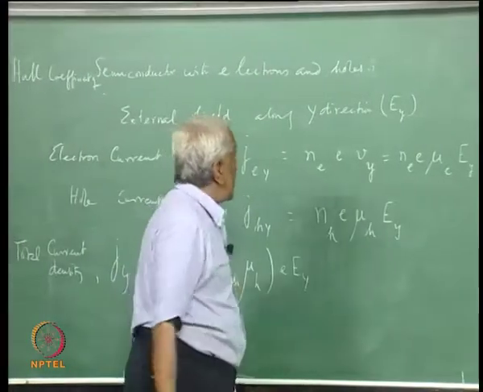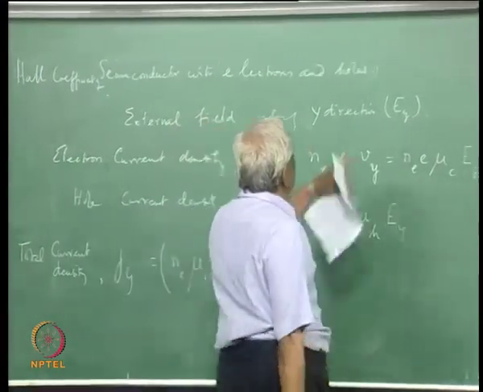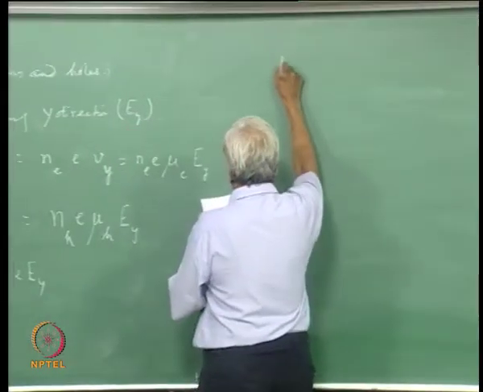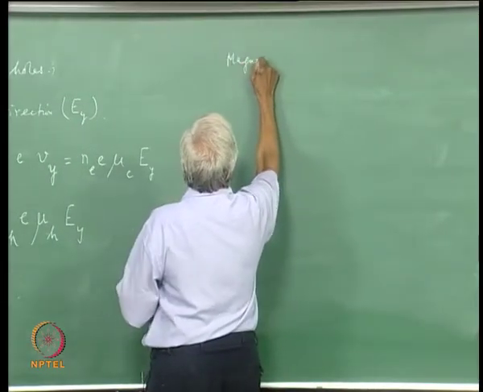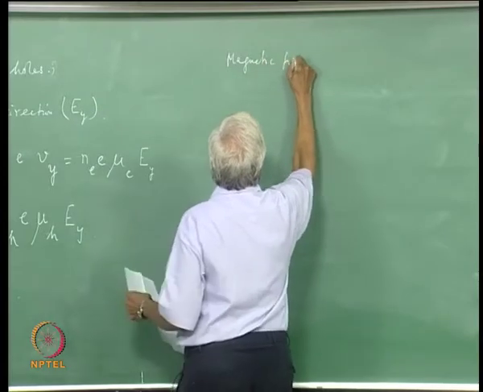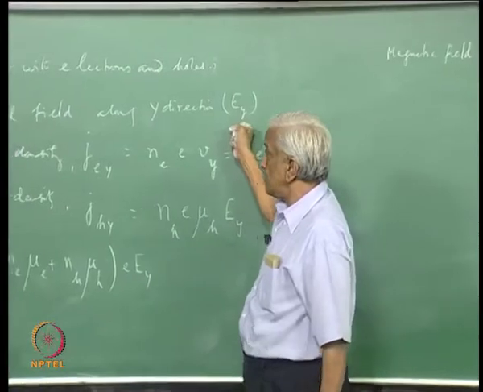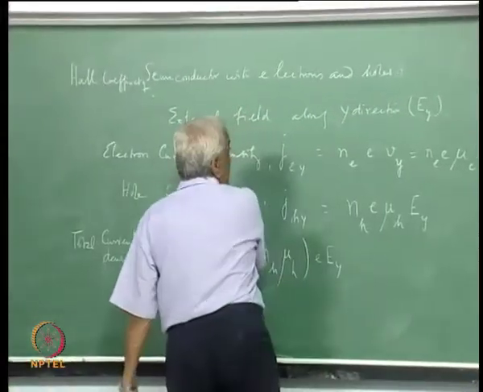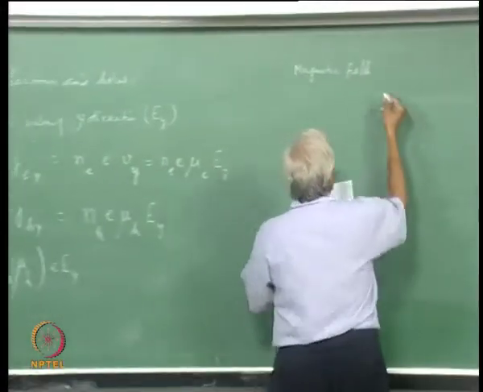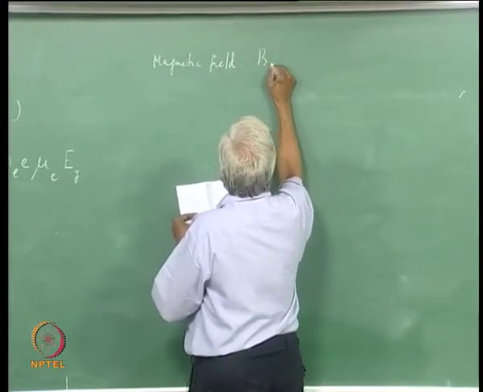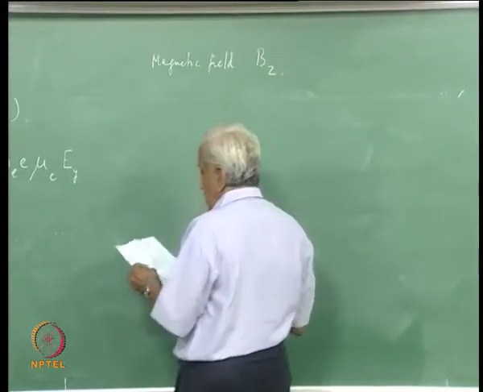Now, because of this current and because of the magnetic field, which is taken at right angles to the electric field y direction as well as the initial current density, we take it along the z direction.